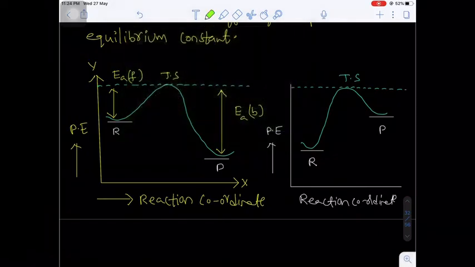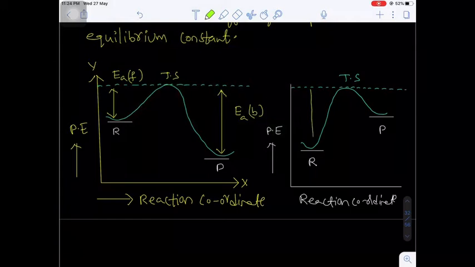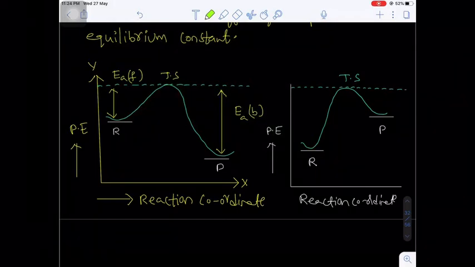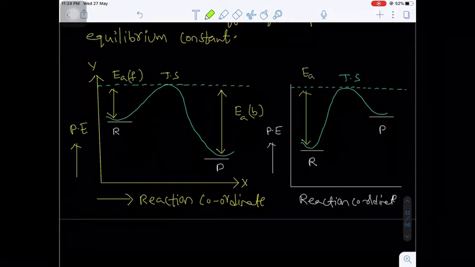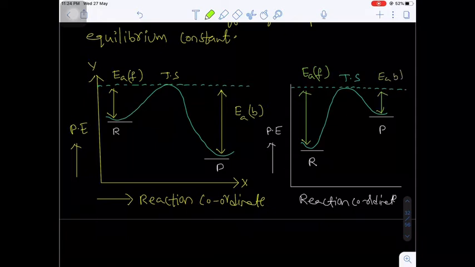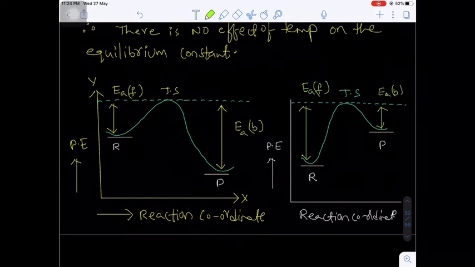Now the energy difference between the reactants and transition state is called the activation energy of the forward reaction. Now here this will be the activation energy of the reverse reaction or backward reaction.